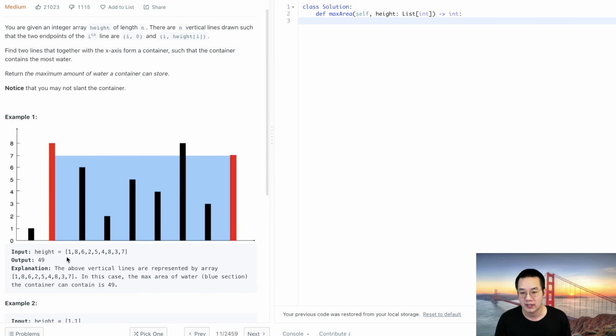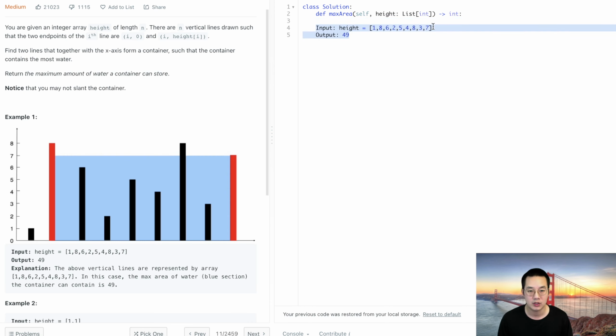So here we're given an example of this particular input, and we have an output of 49. The reason for that is because we take the difference between these indices and the heights, and we multiply them together. So let's take a look at what that means. Here's the input and output. We do need the indexes to get a clearer picture.